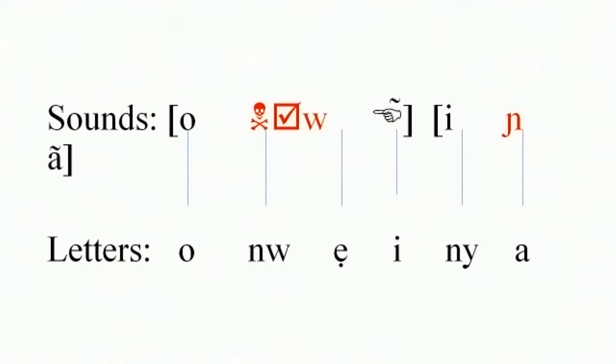We had the letter O representing the sound O, we have the digraph NW representing the sound "we", and then the E with the subdot represents the sound N. But because of the nasal consonant in the language, anywhere you have a nasal consonant, any vowel that comes after is automatically nasalized.